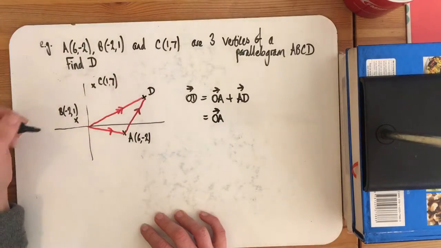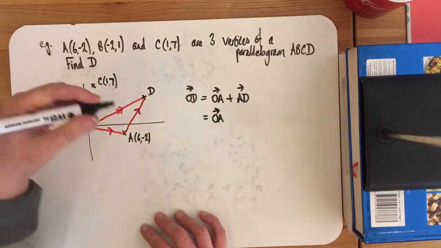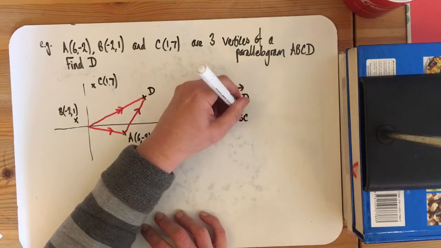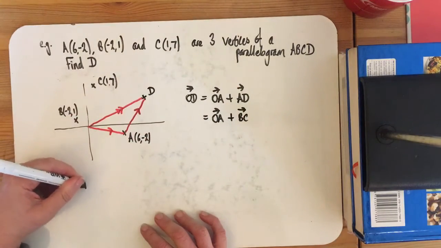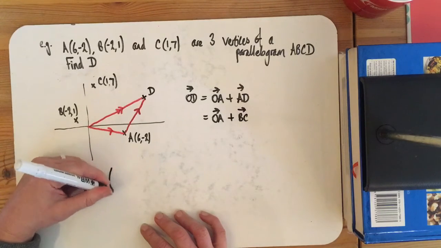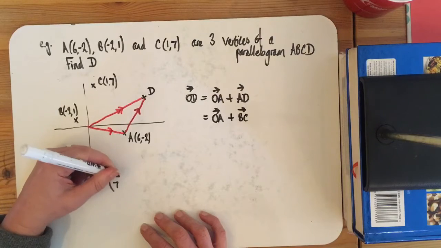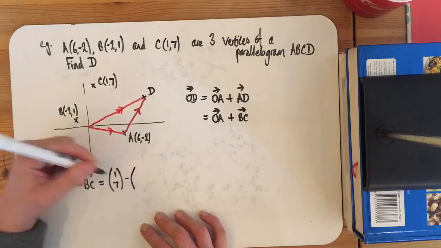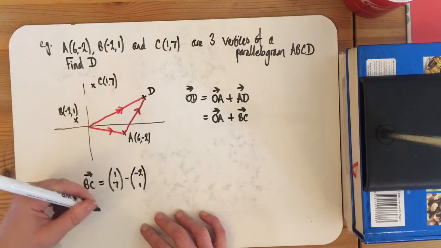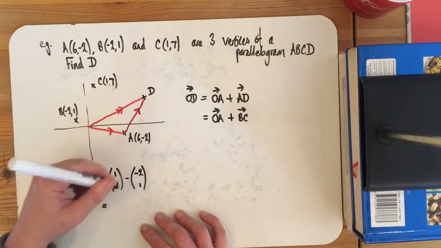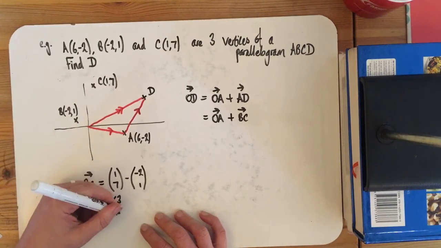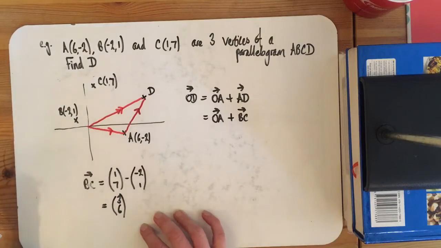AD is the same as BC. And the vector that takes you from B to C is equal to the position vector of C minus the position vector of B. So 1 plus 2 is 3. 7 minus 1 is 6.